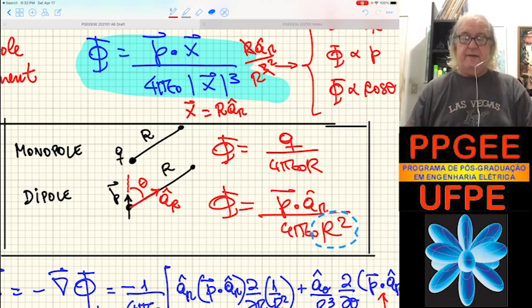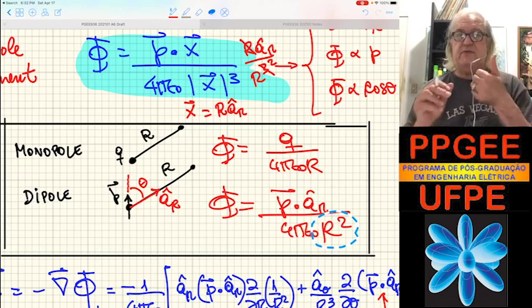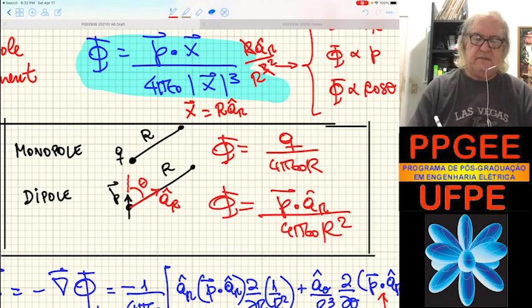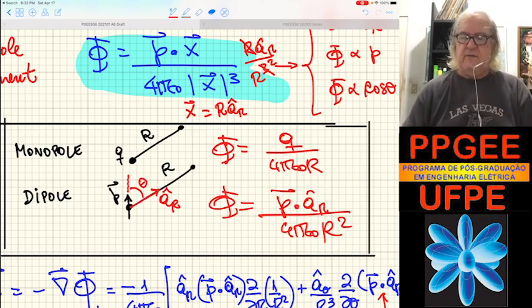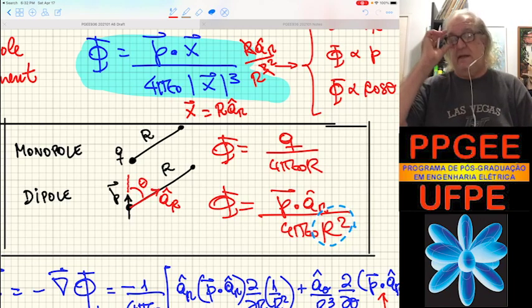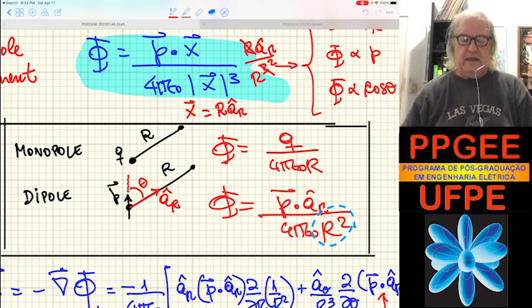So now I have the dependence on two parameters, angle and distance. Monopole is 1 over r, dipole is 1 over r squared. This is a characteristic dependence.